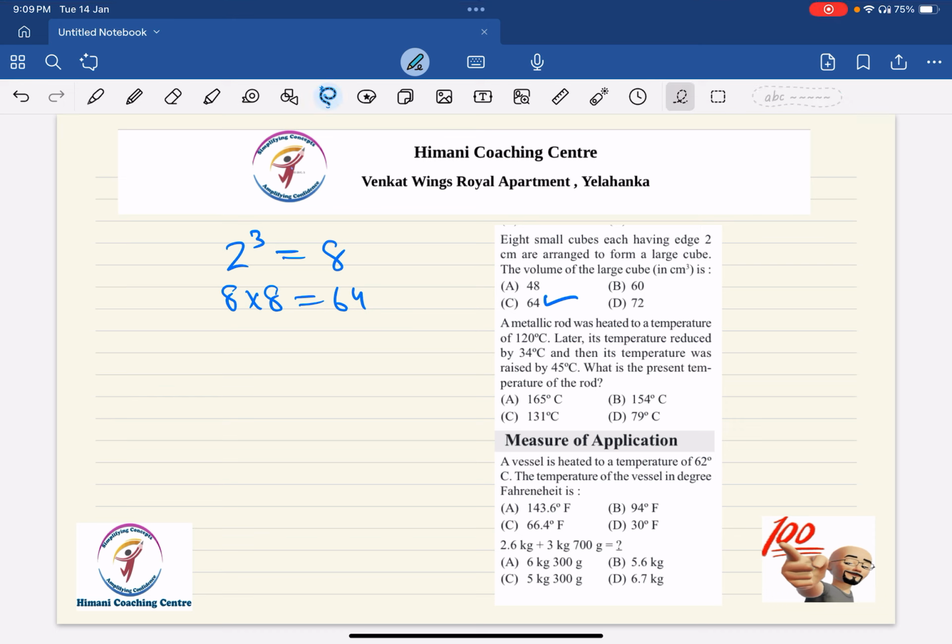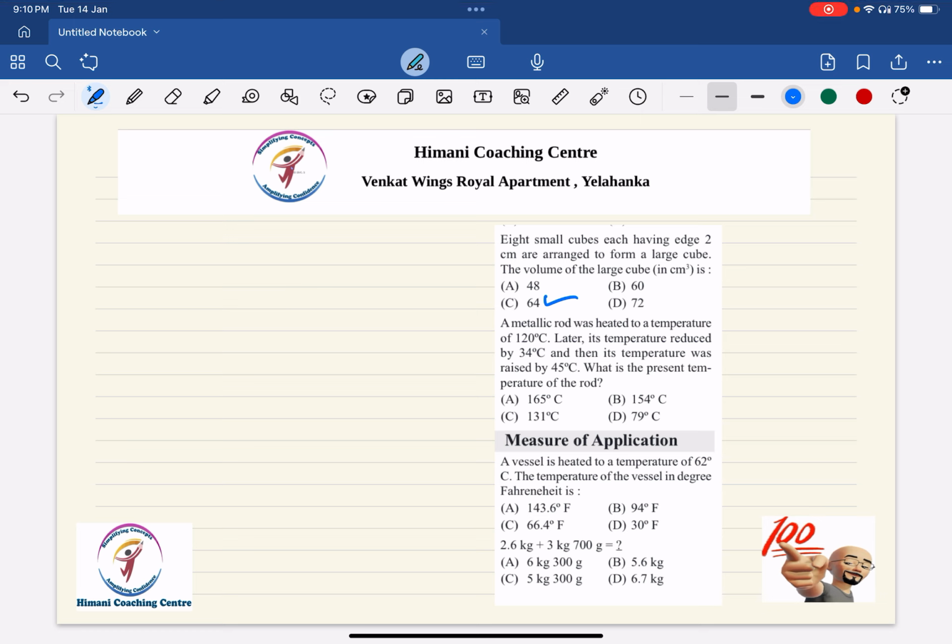Okay. Now let us move to next question. Here it says a metallic rod was heated to a temperature of 120 degrees Celsius. Later its temperature reduced by 34 degrees Celsius. Then its temperature was raised by 45 degrees Celsius. So what is the present temperature of the rod?